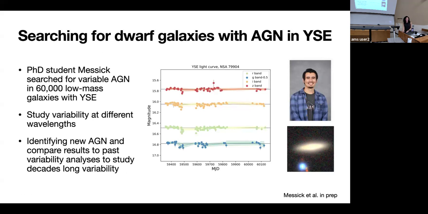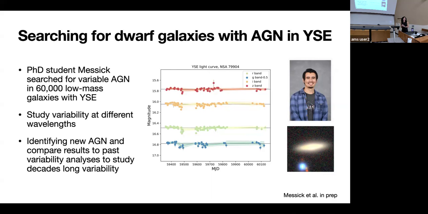So MESIC has been carrying out a search for variable AGN in dwarf galaxies in this Young Supernova Experiment data. And this is an example of a light curve for one object that has this AGN-like variability. This will really build on previous studies because we'll be sensitive to lower levels of variability.